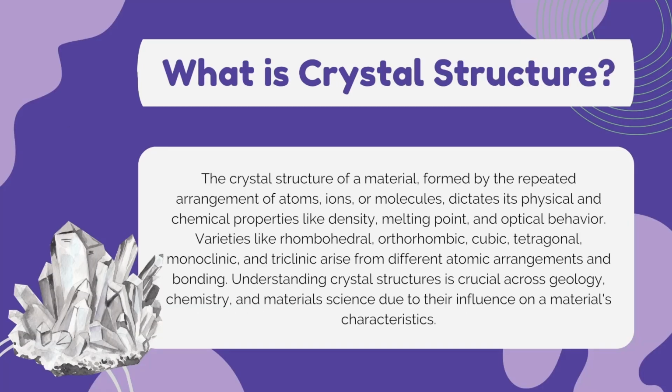So, what is crystal structure? The crystal structure of a material, formed by the repeated arrangement of atoms, ions, or molecules, dictates its physical and chemical properties like density, melting point, and optical behavior.